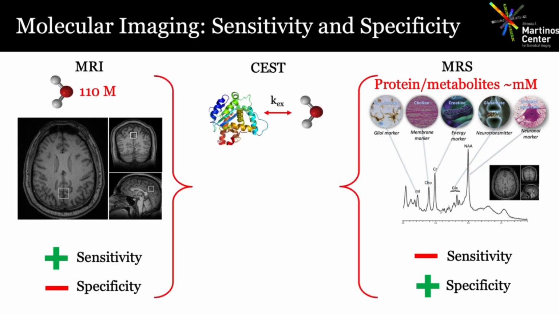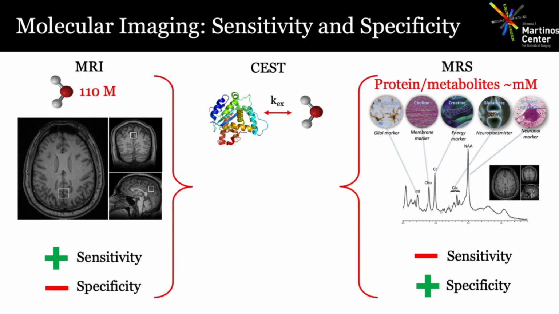CEST tries to combine the best of both worlds, where you have the specificity of the spectroscopy approach, but the sensitivity of water. So we're indirectly detecting proteins and metabolites through the water molecule. We saturate signals on the protein that undergoes chemical exchange with the water, so it acts as a signal amplifier, if you will.